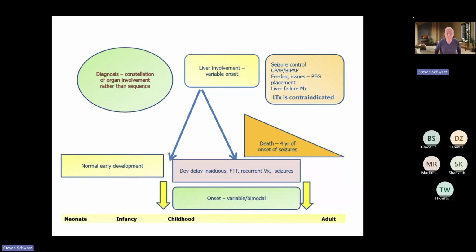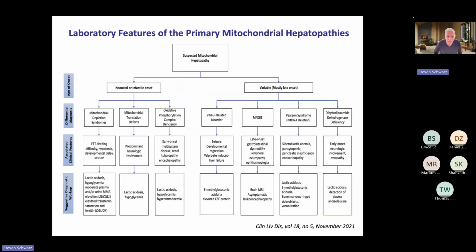The laboratory features, if you suspect a mitochondrial hepatopathy, if it's neonatal or infantile onset, to the left, you see here the depletion syndromes, which are the most common. In the end, they all have lactic acidosis. They all have lactic acidosis. So again, anyone presenting with any one of these constellation of syndromes, get a serum lactate dehydrogenase level.